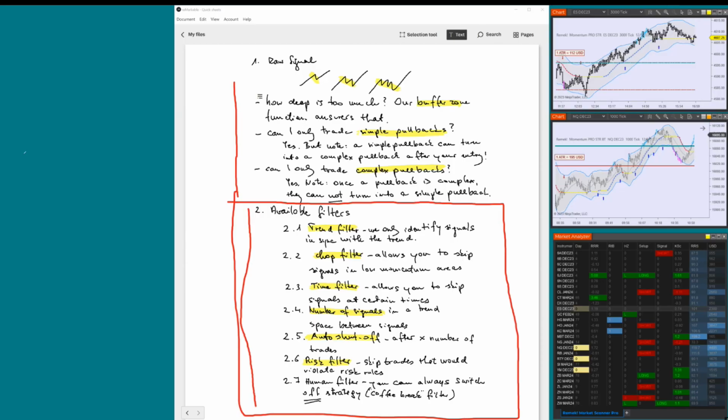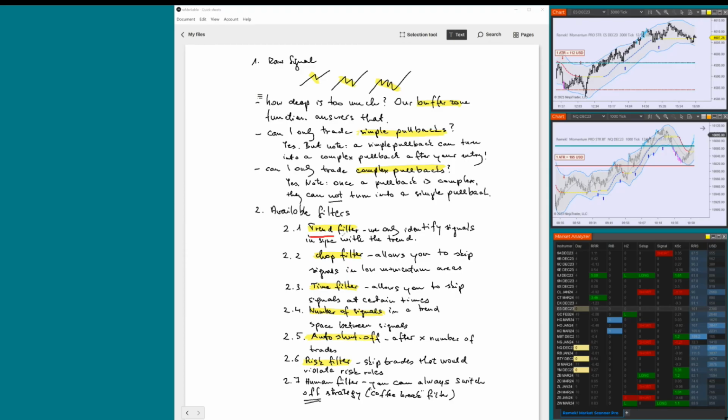Now, what are these functionalities in the software? The next one is the trend filter, because what we want to realize is that there will be consolidation areas on the market. That's just market behavior. But just because there's a consolidation, that's not enough for us to be interested, because we want that consolidation area to be within a trend.